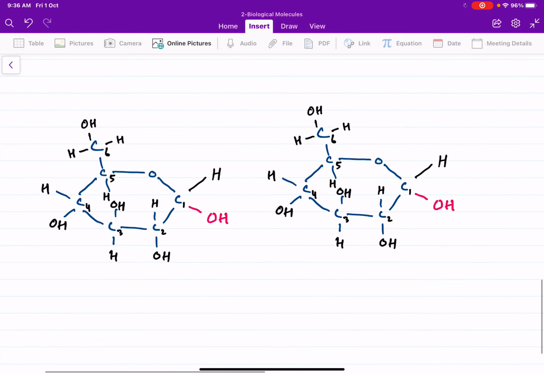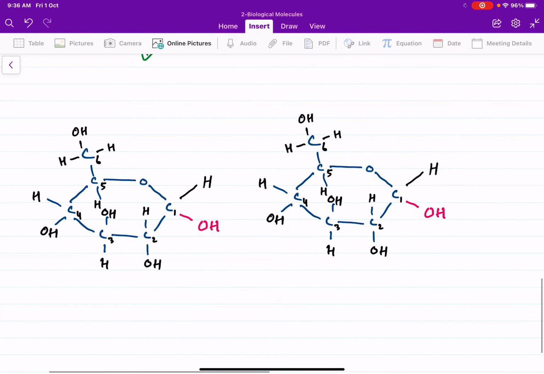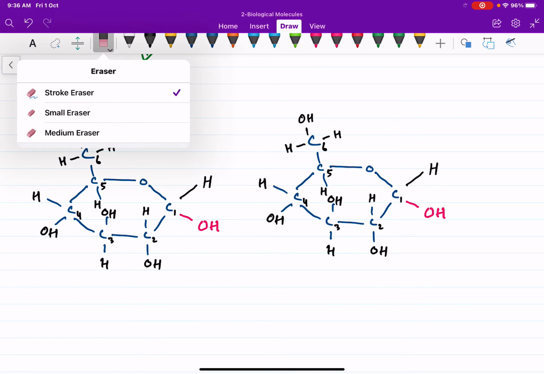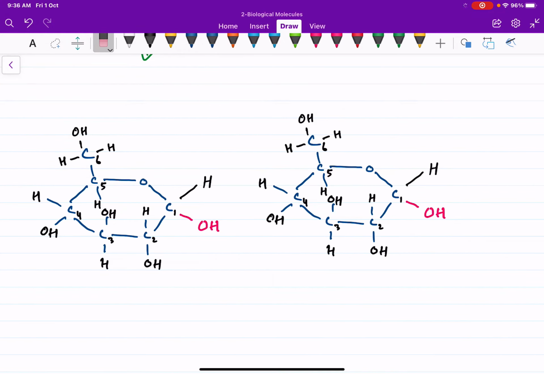So the hydroxyl group from one and the hydrogen from another is removed here, and a bond is formed between these two. This bond is known as a glycosidic linkage. So this is through an oxygen bridge between them. Okay, so this is an oxygen bridge between carbon number 1 and carbon number 4.